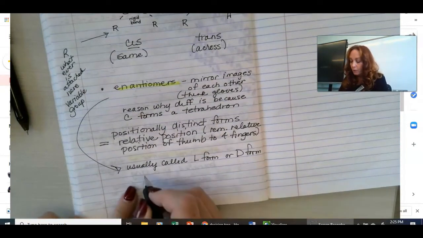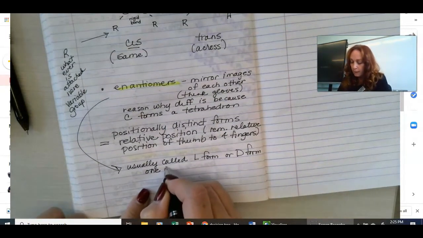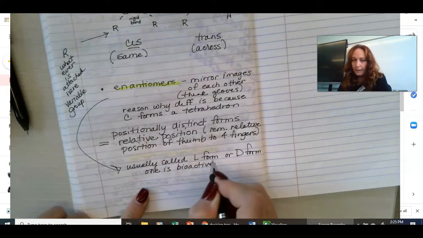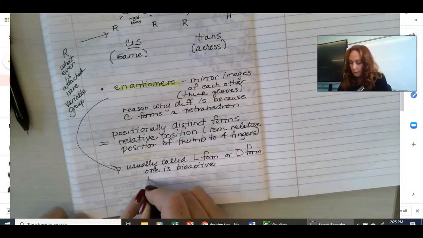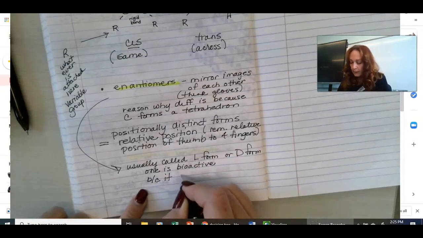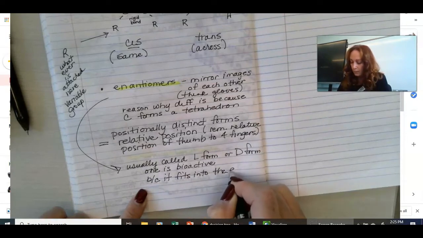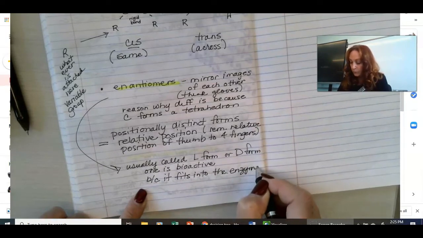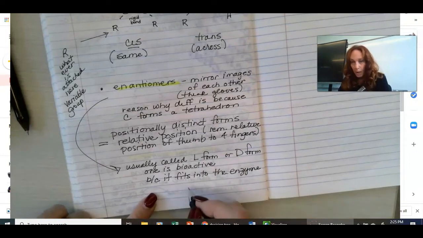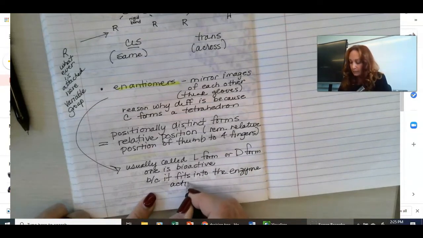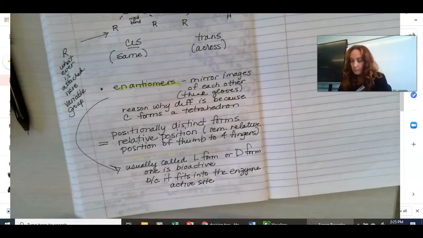So they're called forms. One is bioactive, and the reason would be because it fits into the enzyme, which those are like the little machines that do work, pocket, the part like the glove, so the enzyme active site. The other one won't fit.